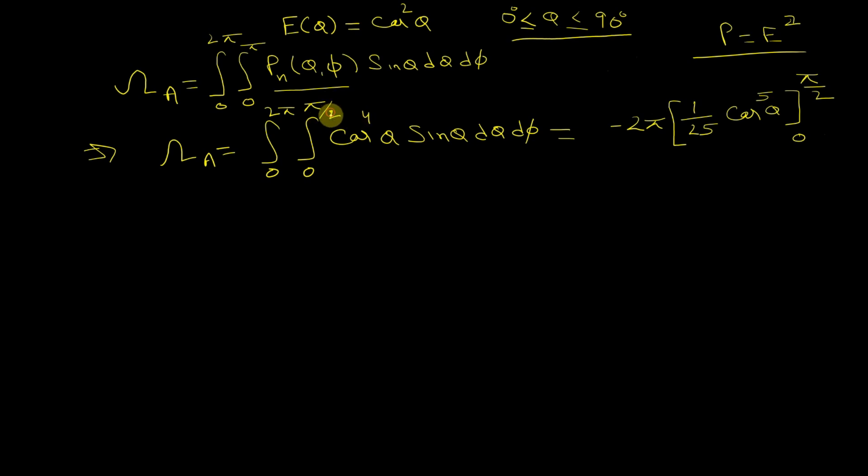There is no variation from pi by 2 to pi. So if we put in this limit and solve it, we'll get 2 pi by 5, that will be 1.26 steradian. So this is how we can solve this type of problem.